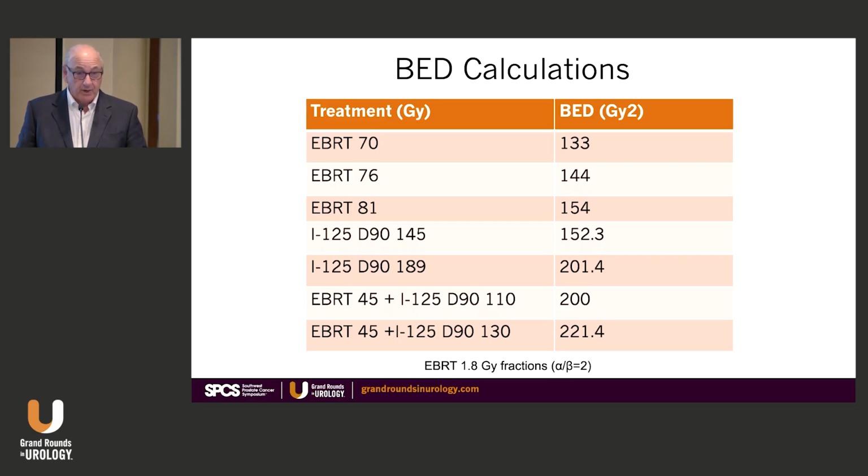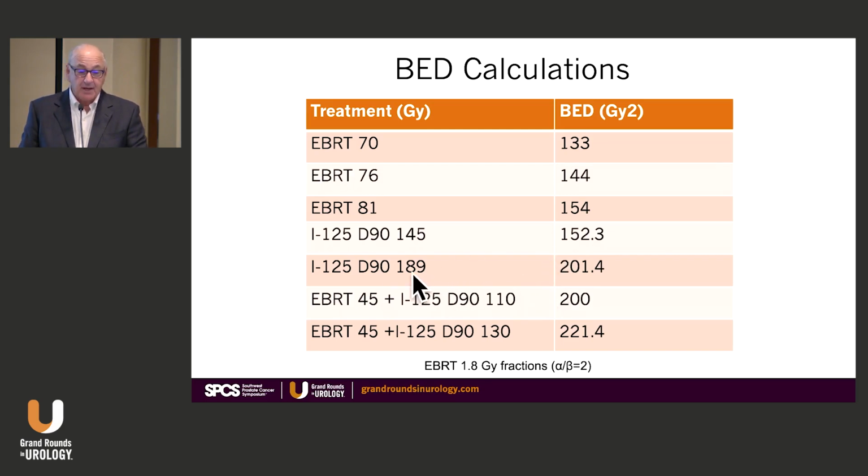Because 70 gray of external beam, what does that mean in terms of an iodine implant? So here it is. 70 gray is 133 of external beam. Today, we typically deliver 81 gray in 1.8 gray fractions, and that's 154 gray in a BED. And that's the same, basically, as an iodine implant of 145, which is what the current ABS recommendations are for iodine implant.